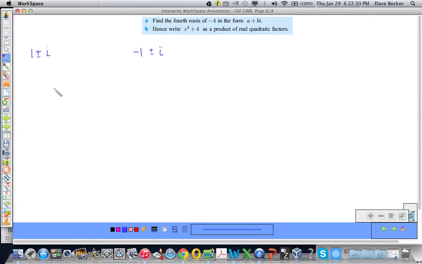Let's think about this in terms of quadratics. 1 plus or minus i have a sum of 2, and their product is 2 as well. So they must come from the quadratic factor z squared minus 2z plus 2.